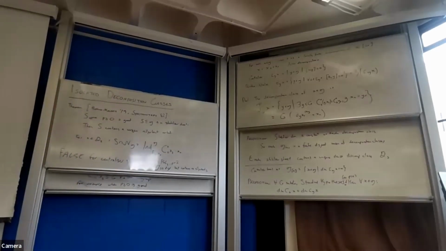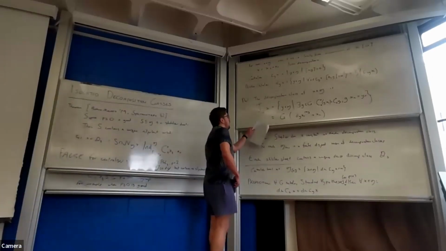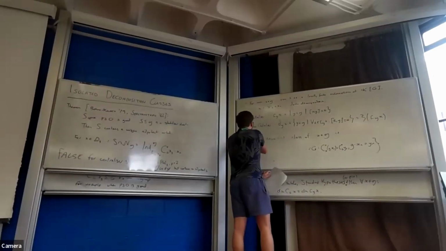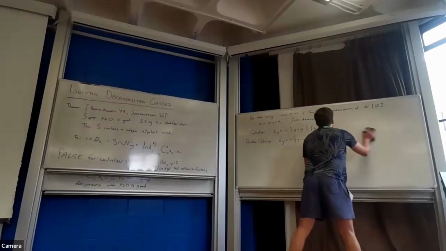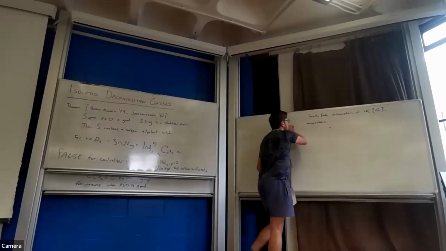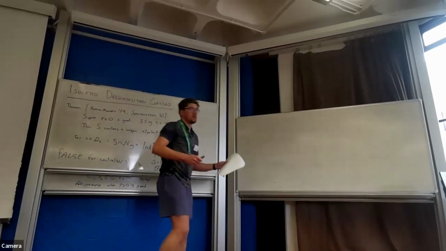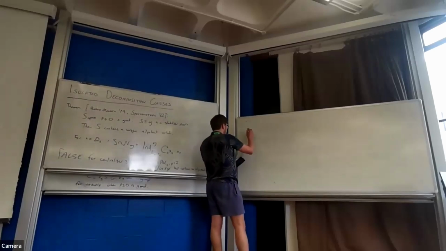So in the short time I've got left, I just want to give an insight into the cases that we managed to figure out so far, because obviously now that we've got this notion, it's quite natural to ask: can we classify all stabilizer isolated and centralizer isolated decomposition classes?